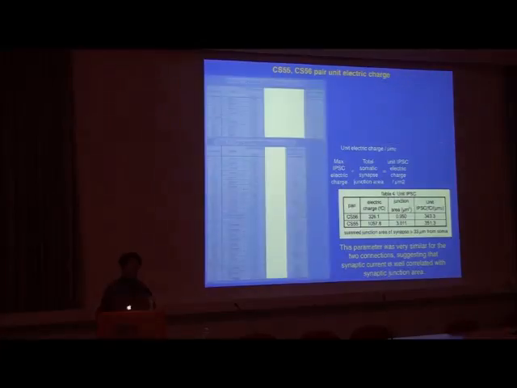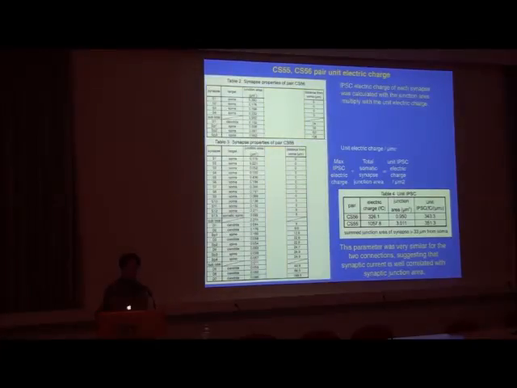And then we use this unit IPSC to calculate each synapse junction. The IPSC electric charge of each synapse was calculated with the junction area multiplied by the unit electric charge, because we know the junction area. And then the result is this: the electric charge.